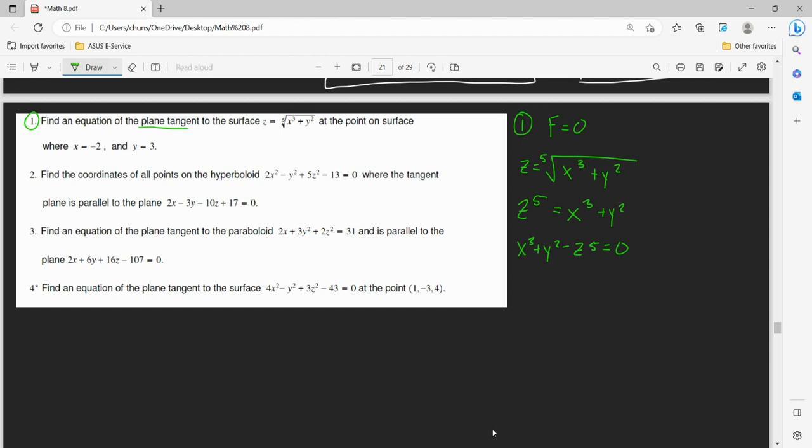And actually, we need to find our z. So we have our point, which is -2 and 3, but we don't have our point z yet. So we can use this equation here.